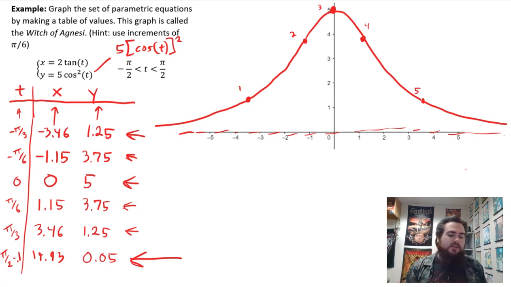With the orientation, though, we started from the left over to the right, so we should have orientation arrows mapping in that direction. This is the curve known as the Witch of Agnesi, which sometimes has more common names, and when scaled appropriately, can also be connected to the normal distribution, or the bell curve.